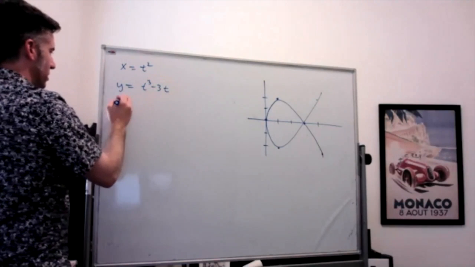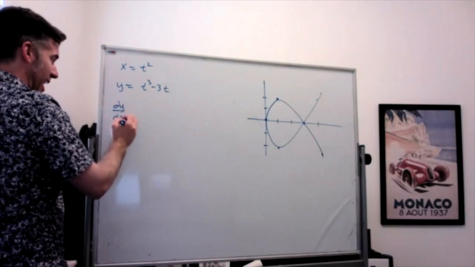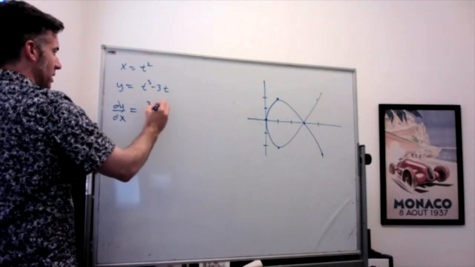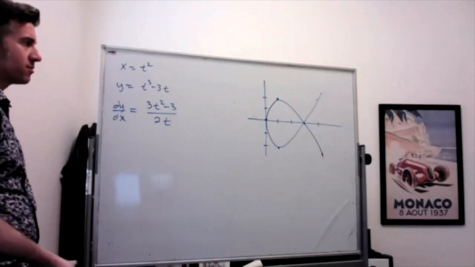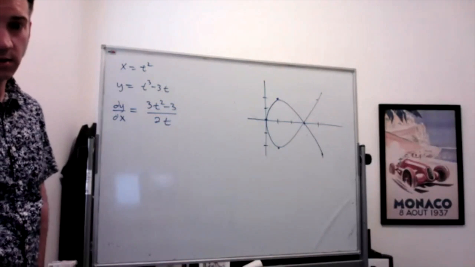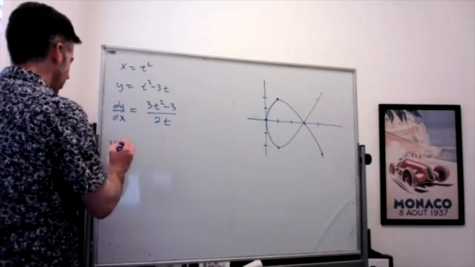And we just found that dy/dx was equal to 3t squared minus 3 divided by 2t. And now I'd like to ask, where do we have a vertical tangent?